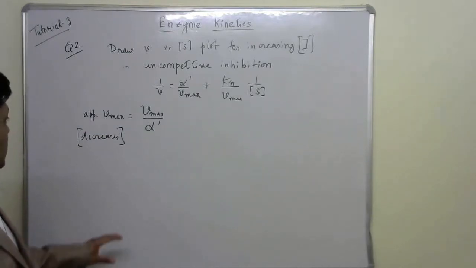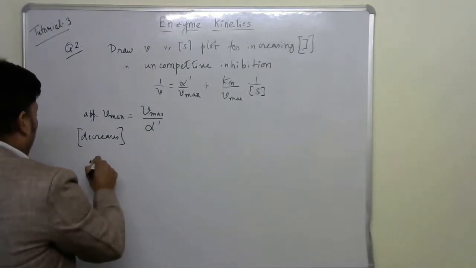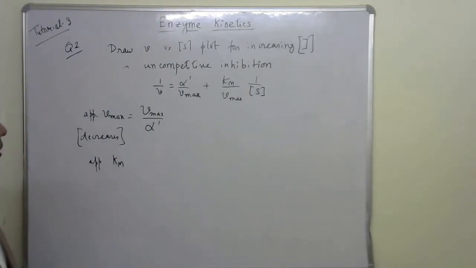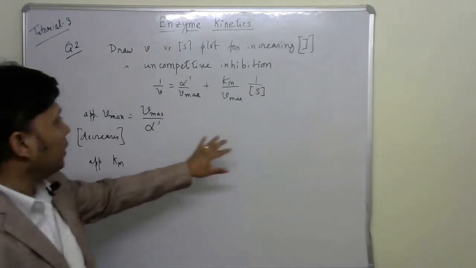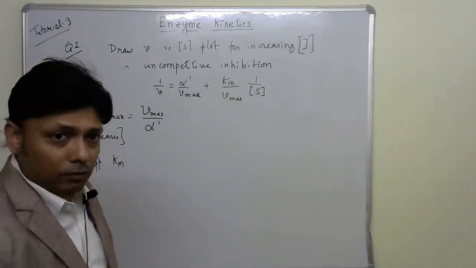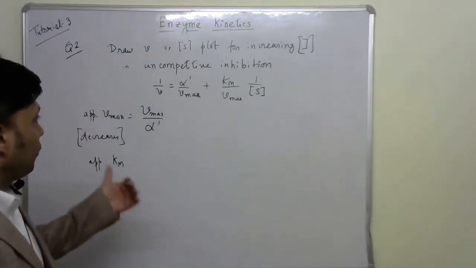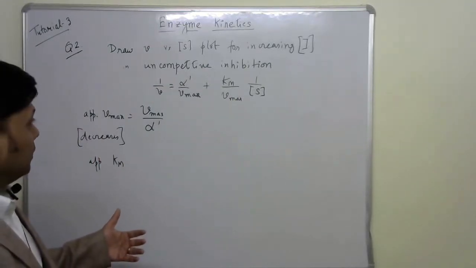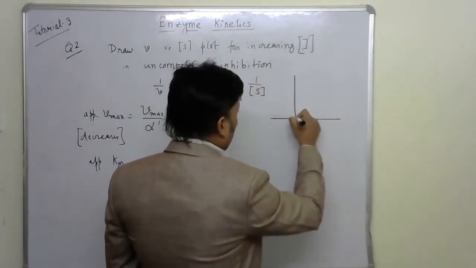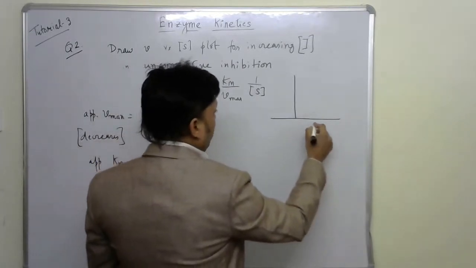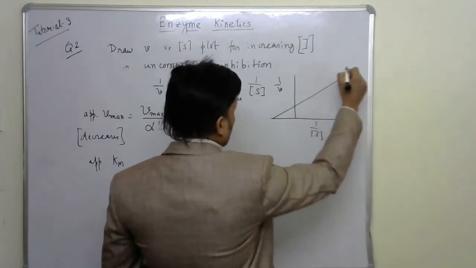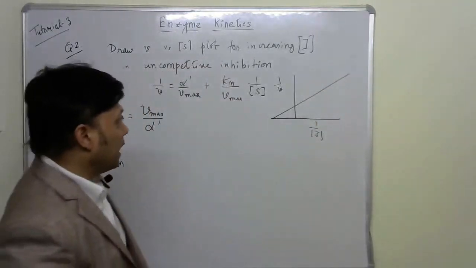So now the question is, what would happen to the apparent Km? From this equation it may not be very obvious. But if we recall the Lineweaver-Burk form, when we plot 1 over S versus 1 over V, we used to get a straight line for an uninhibited case.